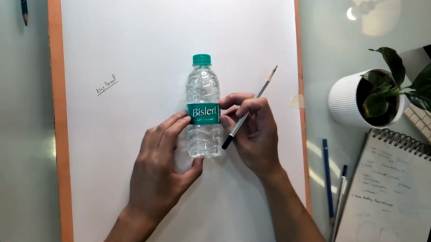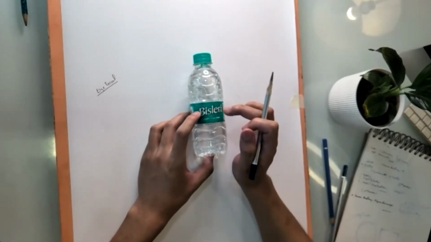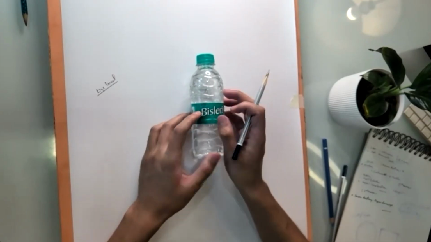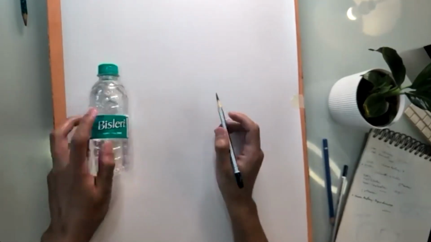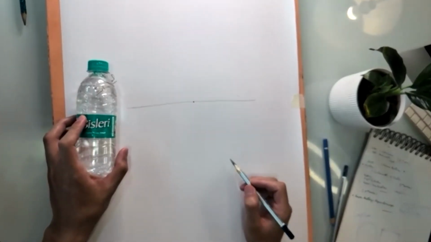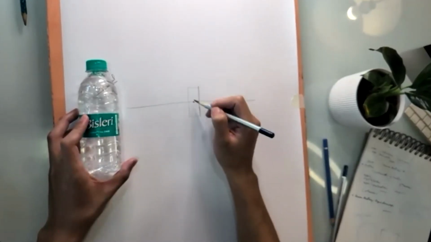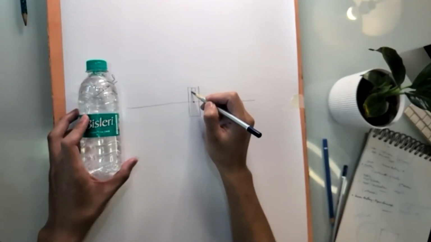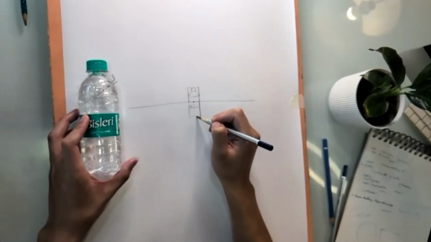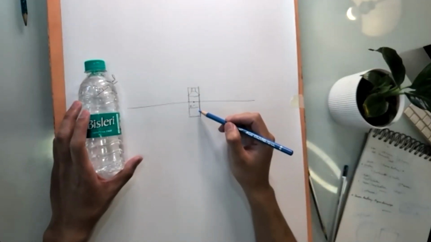That means this is straight out of my eye level. Now, this is my eye level. Is that clear? So how will it look on paper? So over here, now this is how my bottle will look.